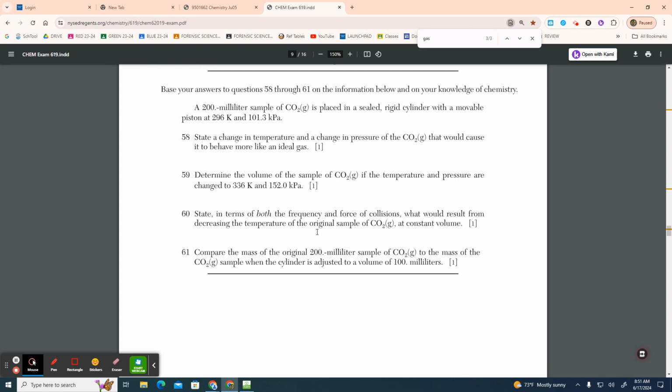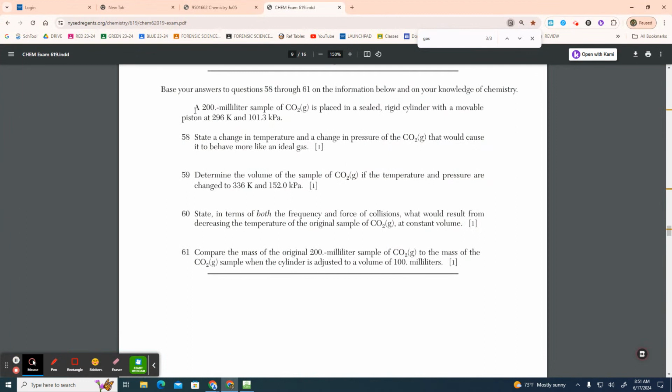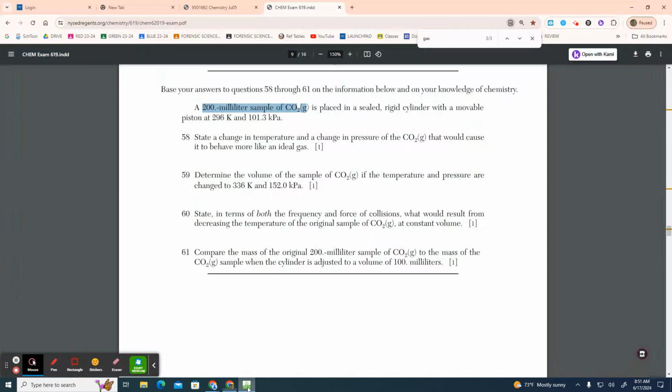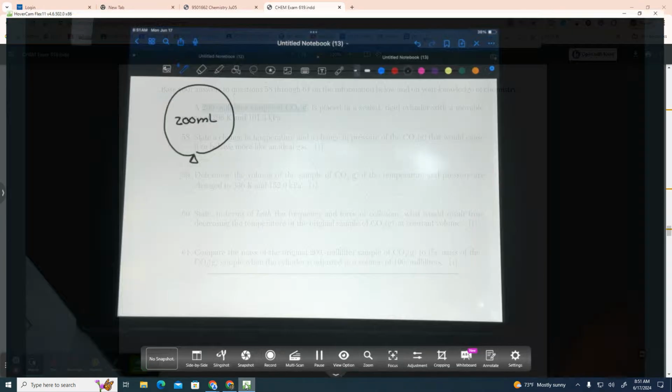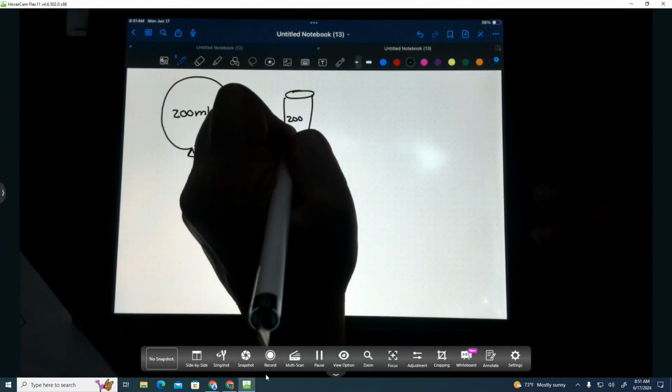Okay, 200 milliliter sample, that's right here. I drew a picture. There's a balloon. It has a volume of 200 milliliters. It's placed in a sealed, rigid cylinder. Well, it's not a balloon, so let's stop that. Sealed, rigid cylinder, 200 milliliters.